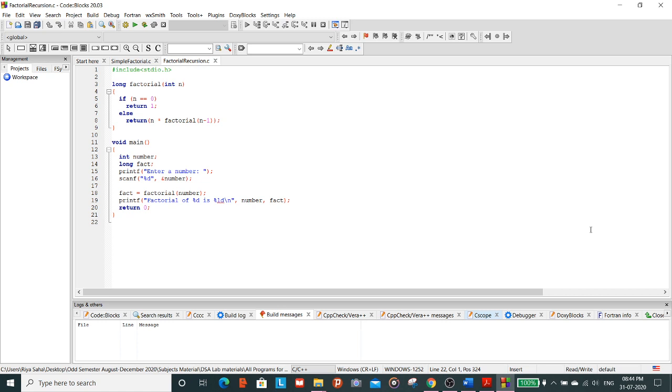Recursion is the process which comes into existence when a function calls itself to work on a smaller problem, and any function which calls itself is known as a recursive function. Okay, and the function calls are known as recursive calls.